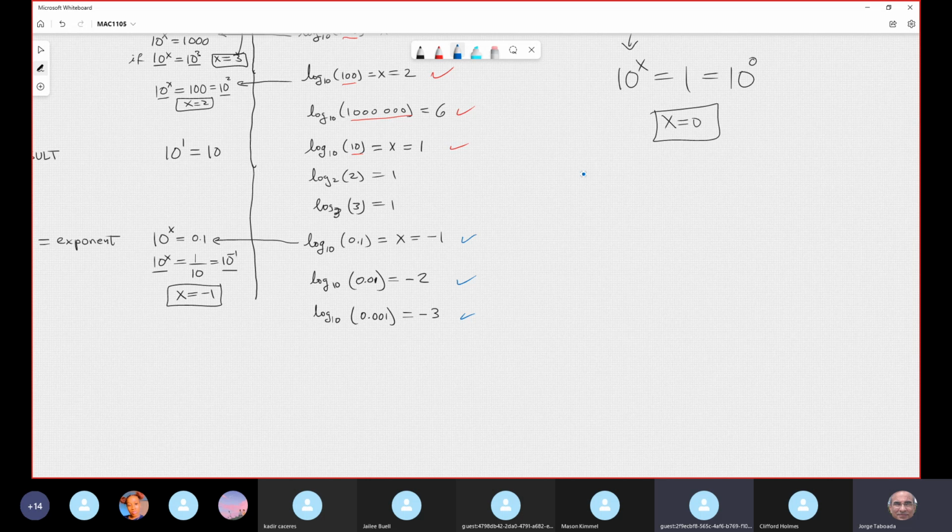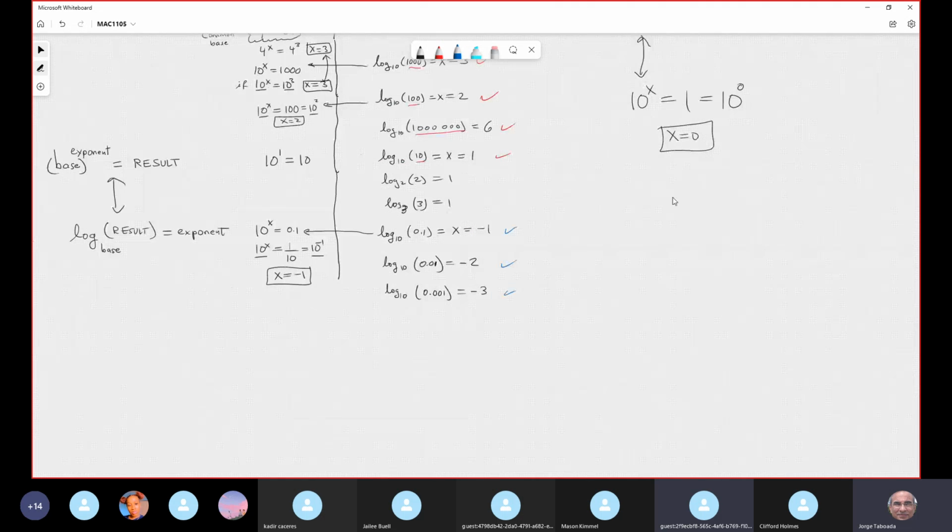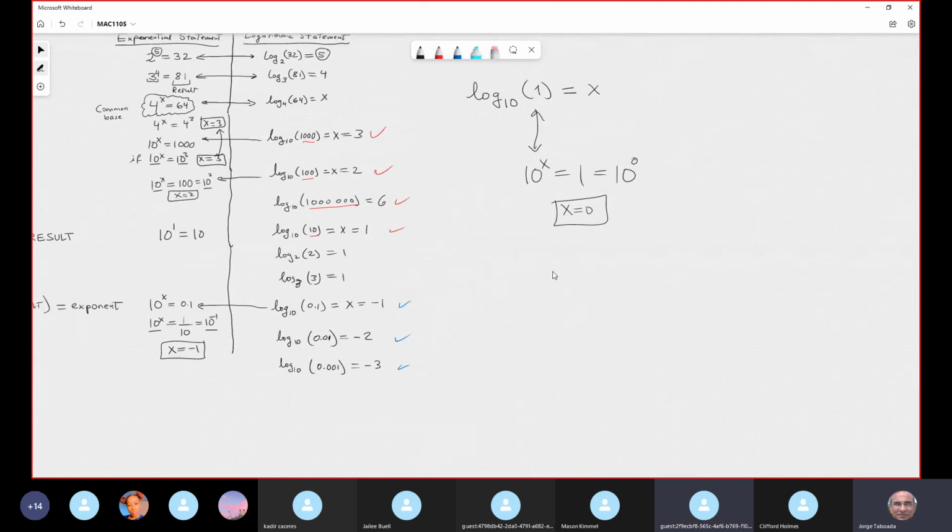And one particularly important property you need to know from now on is that the logarithm of 1 is 0, regardless of the base. Suppose logarithm base 2 of 1 is 0. Logarithm base 3 of 1 is 0, because it's 1. And this makes sense because you remember the universal point in the exponential is the point 0,1.